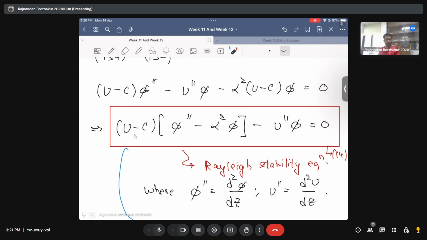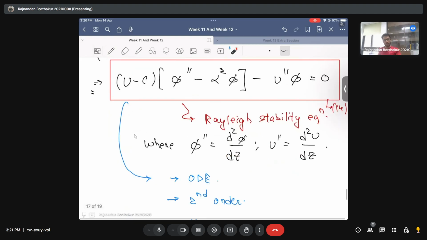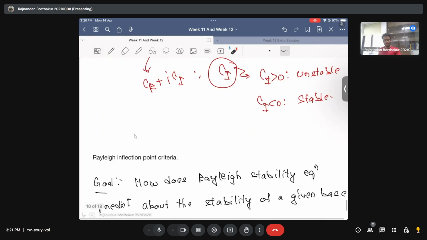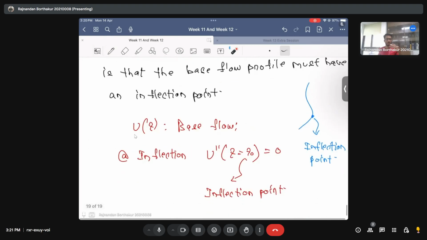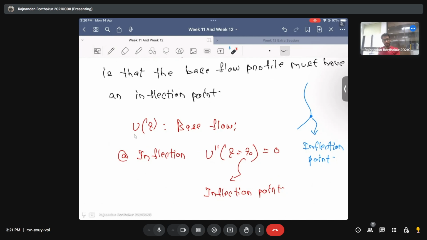After some algebra, you can argue that for instabilities there has to be one inflection point, that is, the gradient of the base flow, U prime, has to change sign within the given domain, which indicates the presence of an inflection point mathematically.